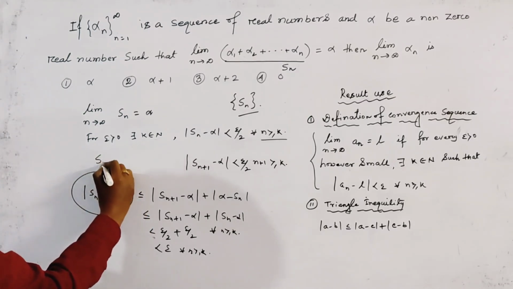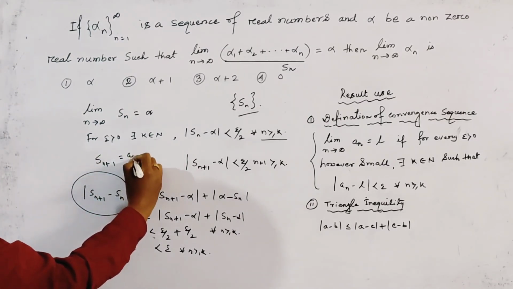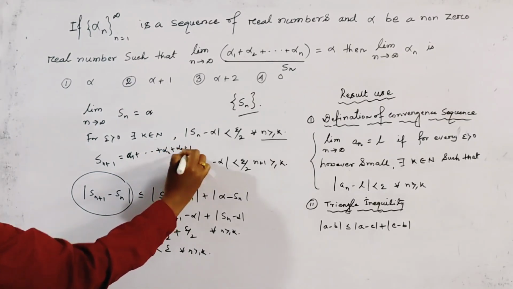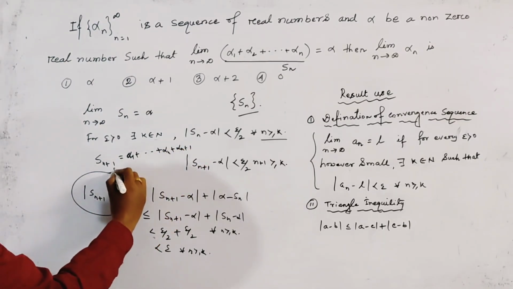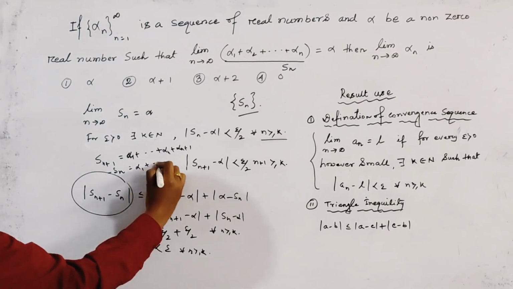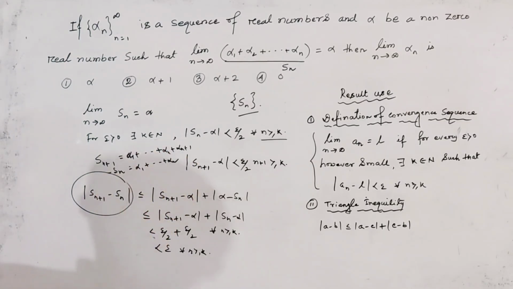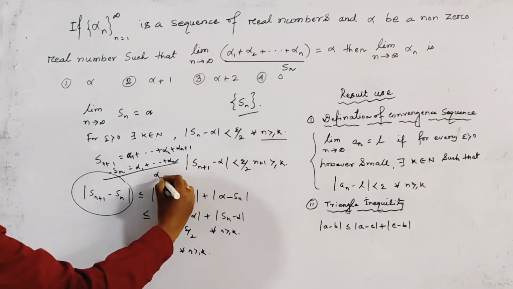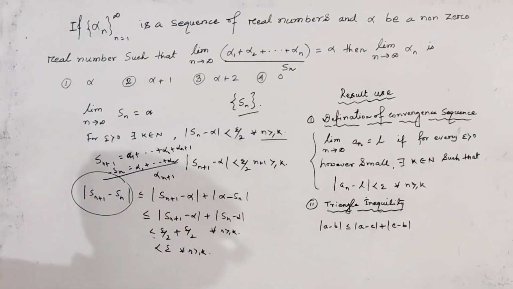This relation is nothing but S_(n+1), the sum of α_1 to α_n plus α_(n+1), minus S_n, which means α_1 to α_n. Subtracting these two results, we get α_(n+1).